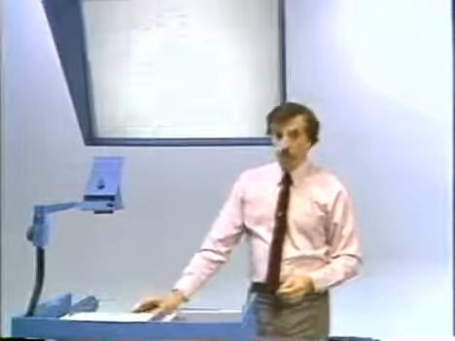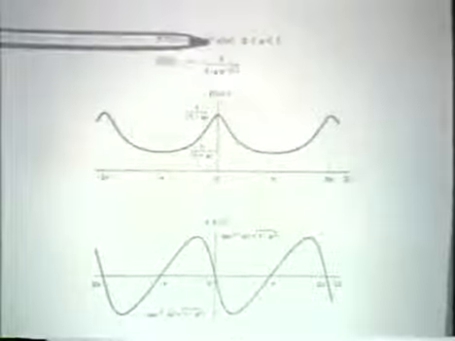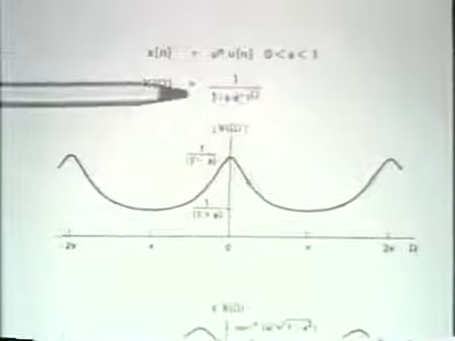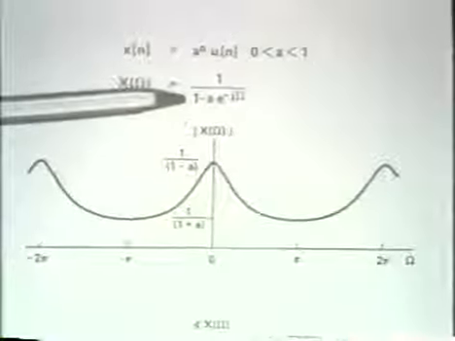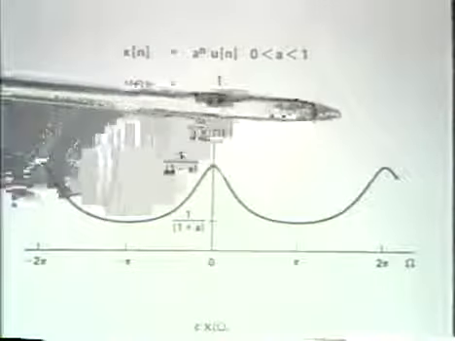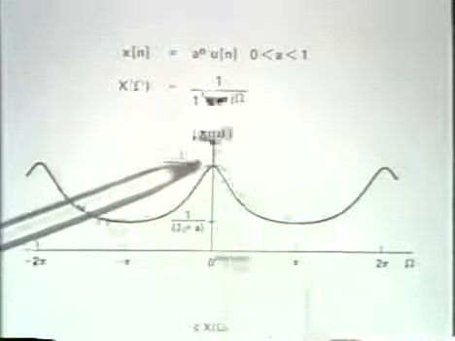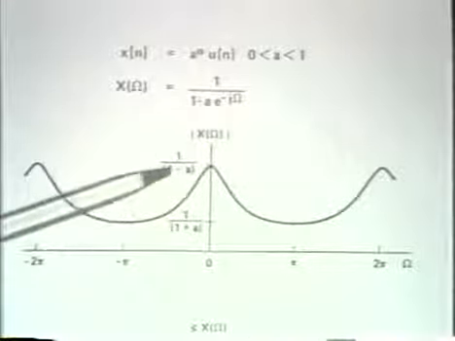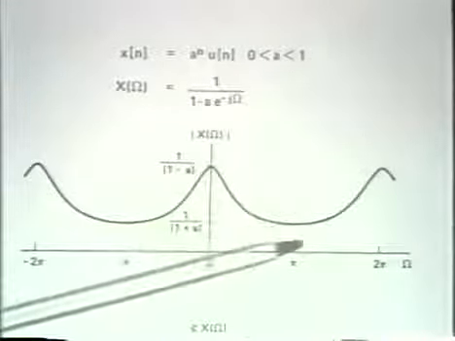Here, then, we have, again, the expression in the time domain and the expression in the frequency domain. And let's in particular focus on what the magnitude of the Fourier transform looks like. It's as we show here. And for the particular values of a that I picked, namely between 0 and 1, it's larger at the origin than it is at pi.